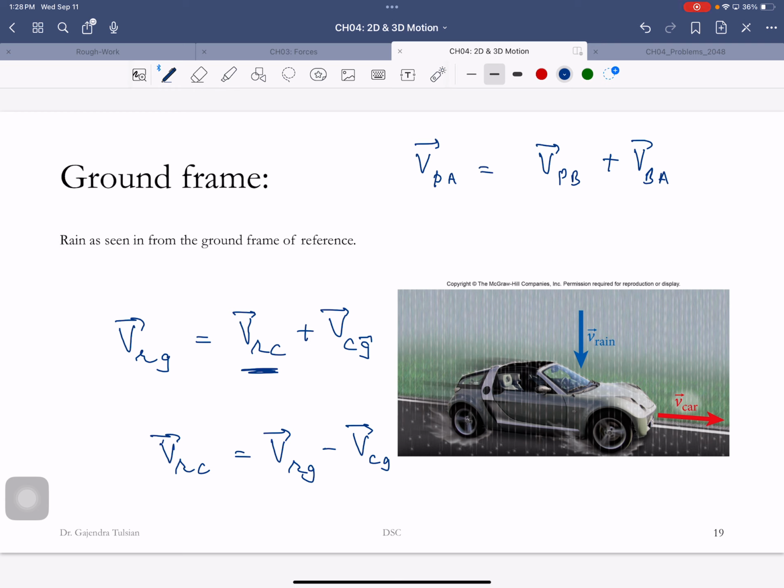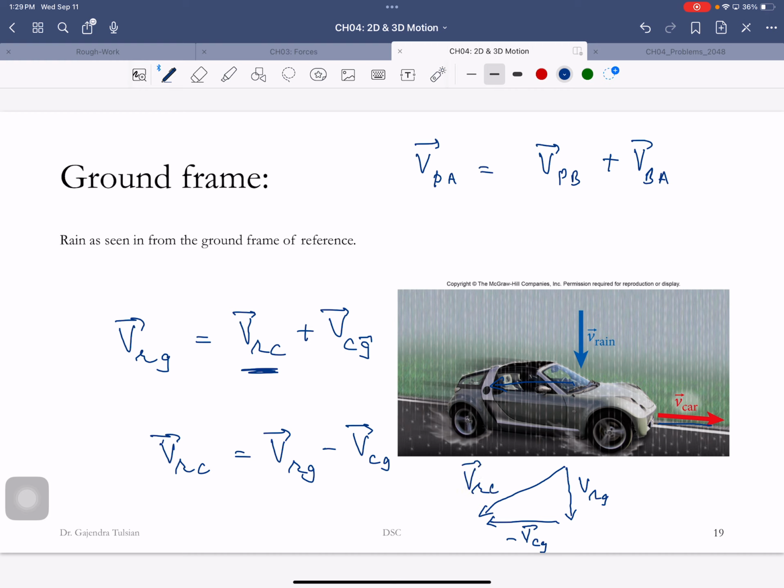So there's the velocity of car with respect to the ground. So negative of that would be in this direction. Okay. And so here's velocity of rain with respect to the ground. And here is negative of velocity of car with respect to ground. So this would be velocity of the rain with respect to the car.